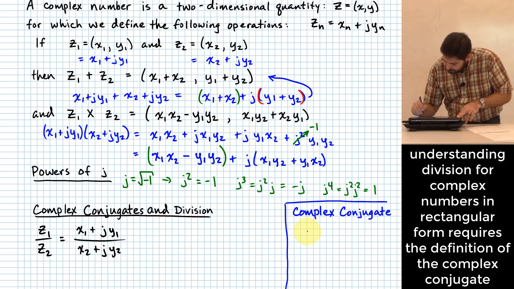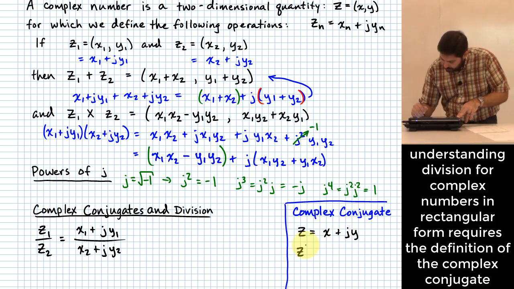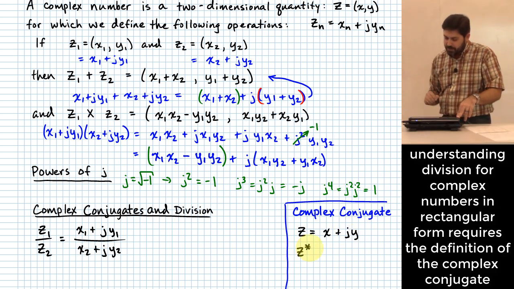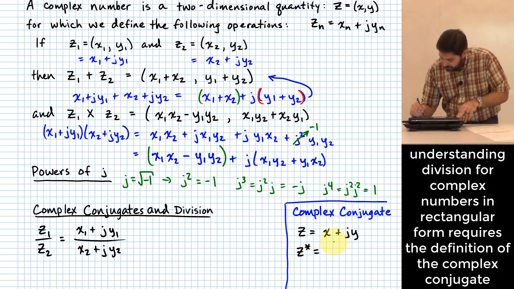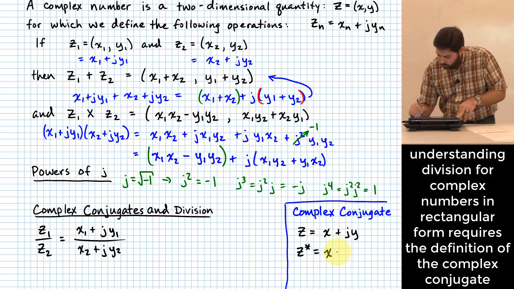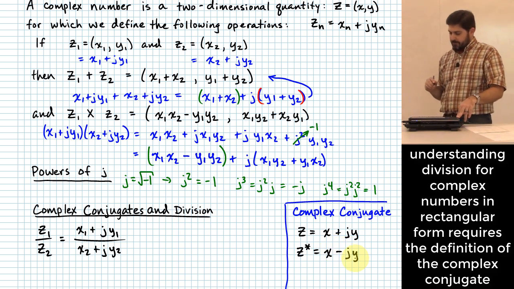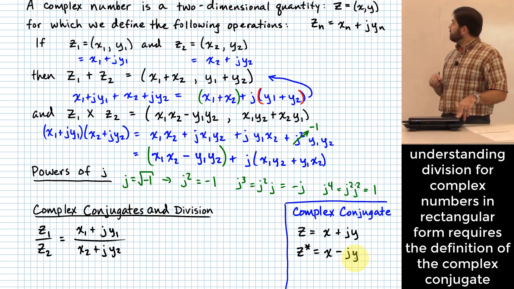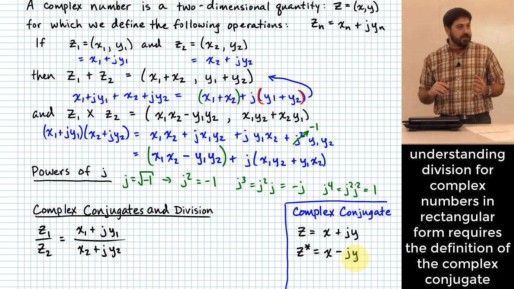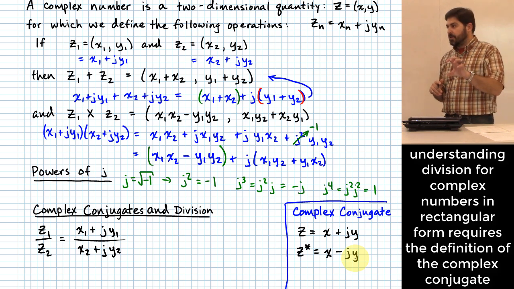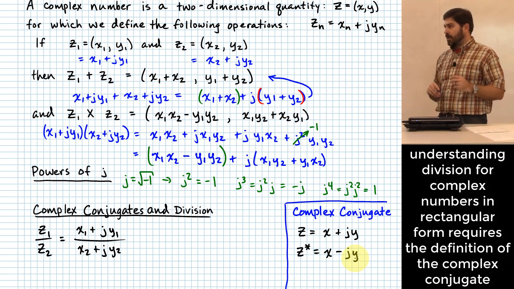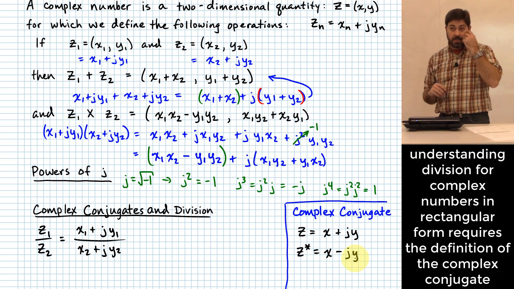What we basically do is that if z is equal to x plus jy, then z star, that's what we use for a complex conjugate, is equal to the same real component, just x, but now we negate the imaginary component. Okay? Fairly simple thing to do. All you do is you take the same number, but you take the negative of the imaginary component. And this is called the complex conjugate.